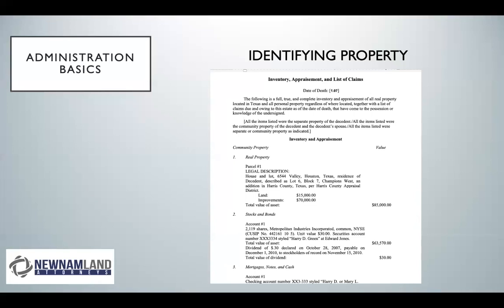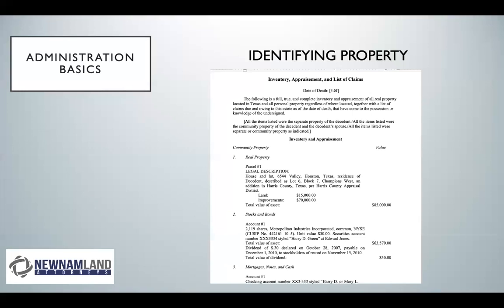If something has a beneficiary designation or is owned jointly with a right of survival, it passes directly to that beneficiary or that joint owner without becoming part of the estate. That means the beneficiary designation or joint ownership with right of survival trumps what is in the will. So if it's not part of the estate, it shouldn't be part of your inventory.